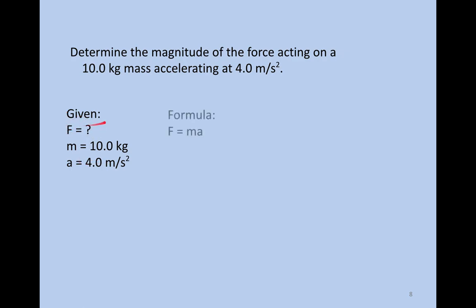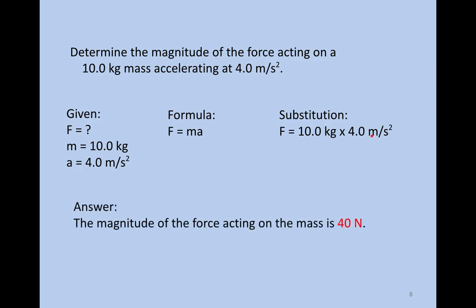Given that F equals ma, substitute our values of 10 kilograms and 4 meters per second squared, and we will obtain the magnitude of the force is 40 newtons. 40, two significant digits based on 4.0. This has 3, so we take two significant digits.